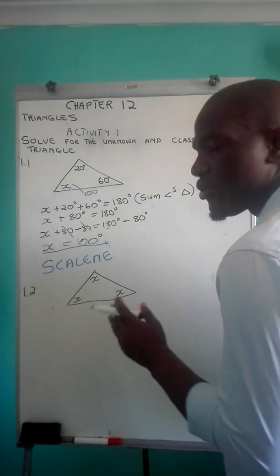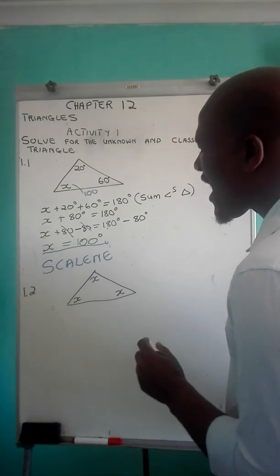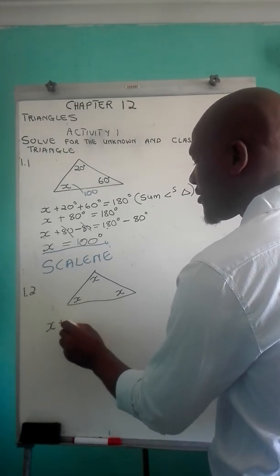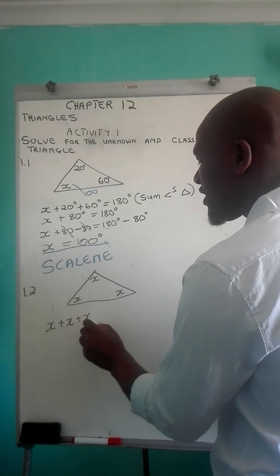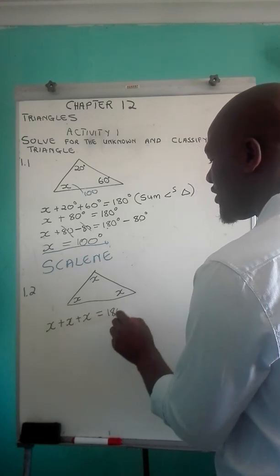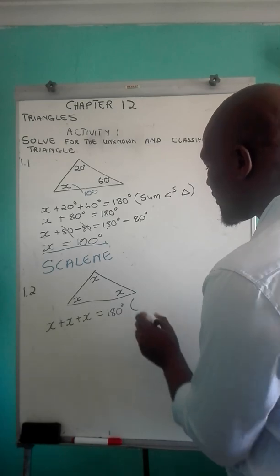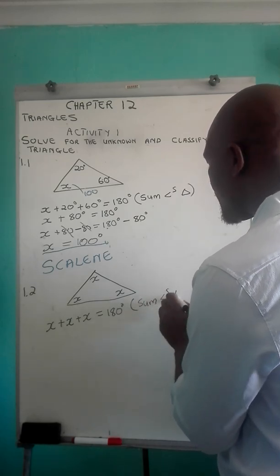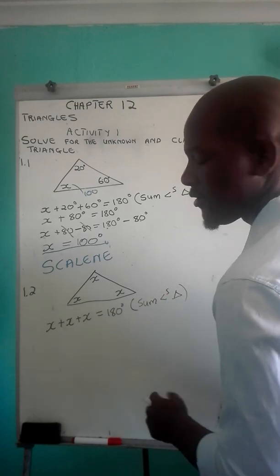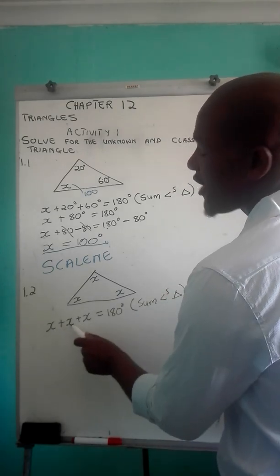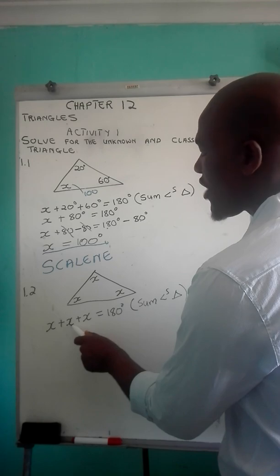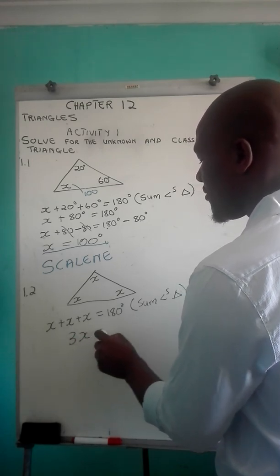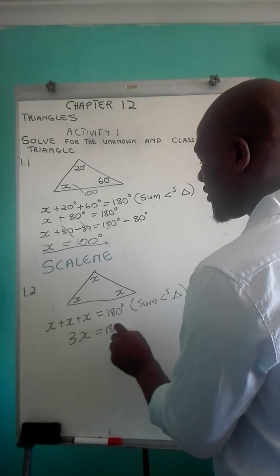Now what I need to do is add all the angles. x plus x plus x equals 180 degrees. What is the reason? Sum of angles of a triangle. So x plus x is 2x. What is 2x plus x? It's 3x, which is equal to 180 degrees.